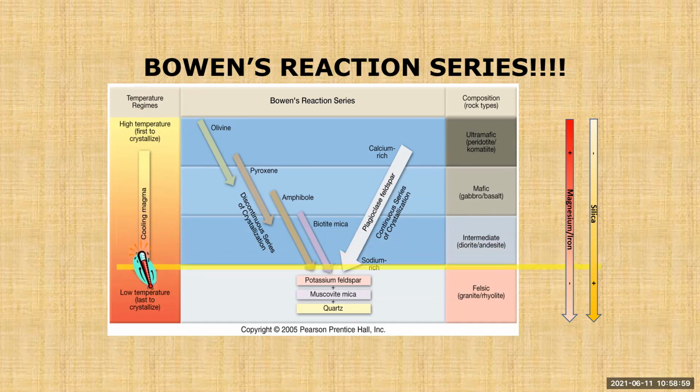And that process continued and continued, where at different ranges of temperatures, different minerals were forming in the magma chamber. And so ultimately, what we see in our different igneous rock compositions are a collection of minerals that solidified at the same temperature.